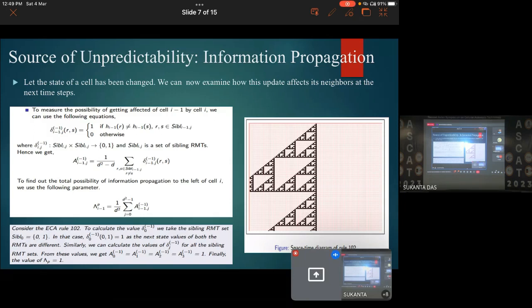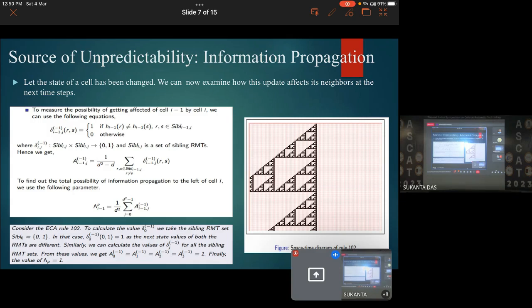Sibling RMTs are, suppose 0 0 0 is the states of three cells, and if we change it to 0 0 1, these two states, 0 0 0 and 0 0 1, are the RMTs, and this set is the sibling RMT. And what we can see here is that from 0 if we change it to 1, and suppose for 0 0 0 we obtain the function value 0, and for 0 0 1 we obtain the function value 1.